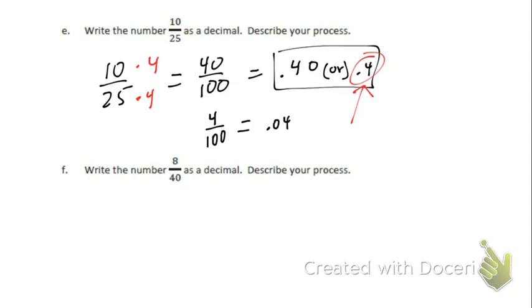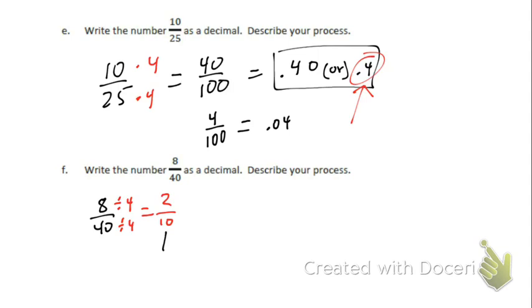Alright, F. A few different ways. I'm sure that a lot of people did this one. 8/40. What I could do first is divide top and bottom by 4. Get 2/10. And is my denominator base of 10?